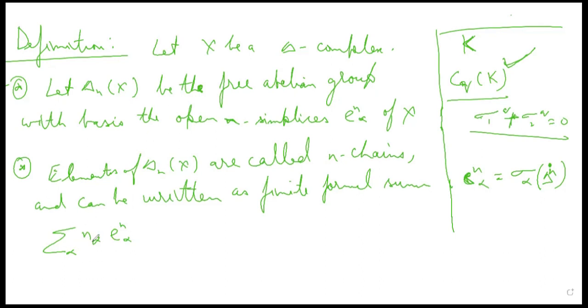So this is a finite sum, right? Where alpha, this is in Z, the coefficients are in Z.